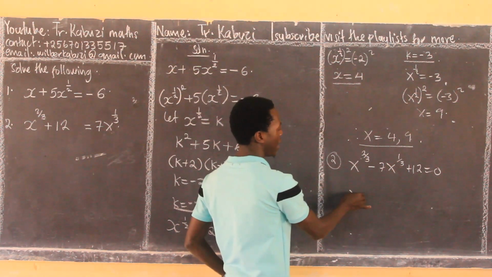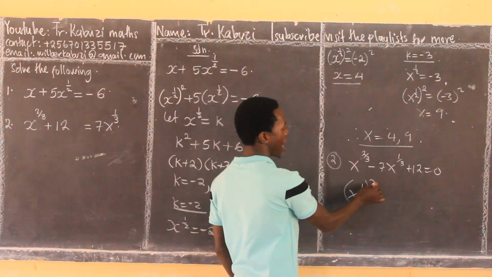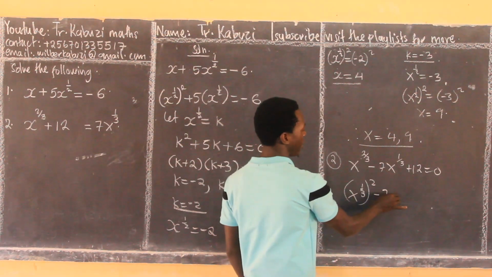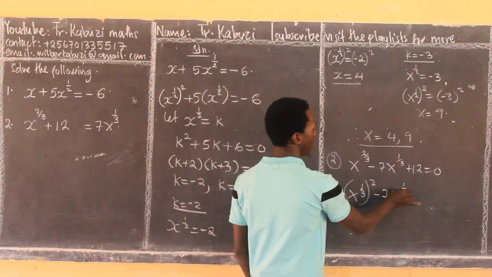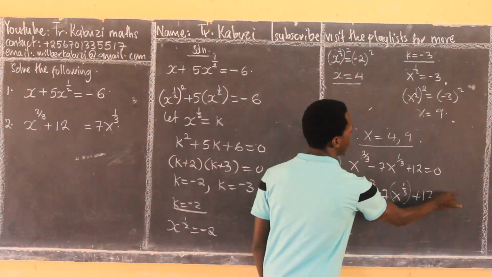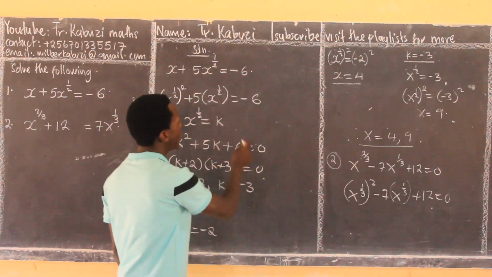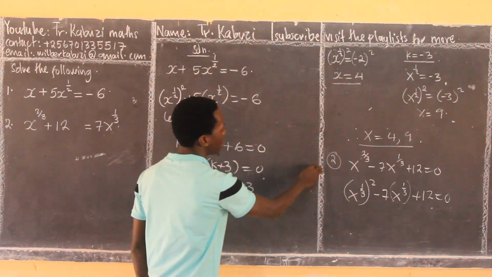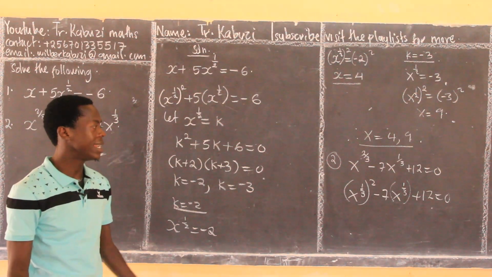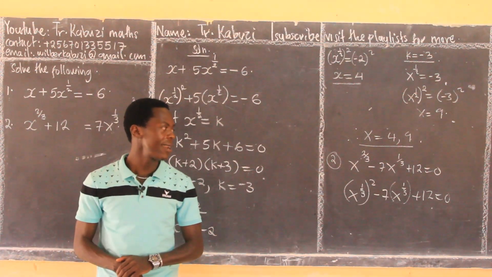This is the same as x power 1 over 3, but remember I had a 2 there, 2 times this, I'll come back to that. Then minus 7 into x power 1 over 3 in brackets plus 12 equaling 0. I think you see this step is bringing us back to that step there. So you can let any letter you want, then you'll be able to handle that number. So that's how we handle that one.